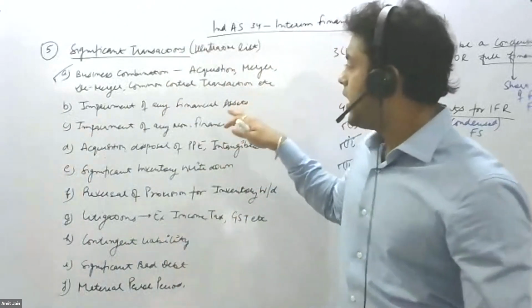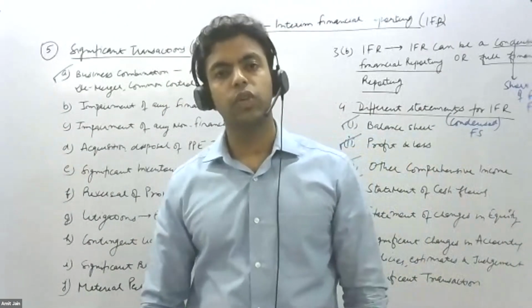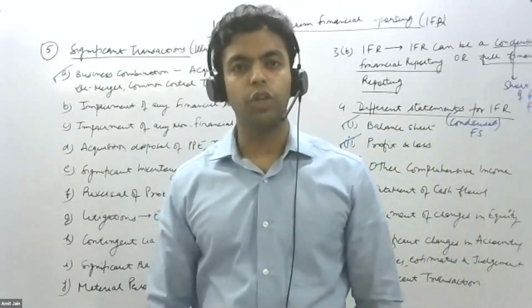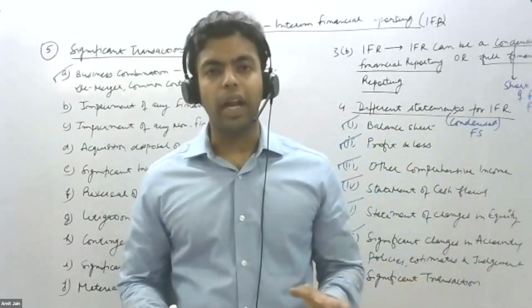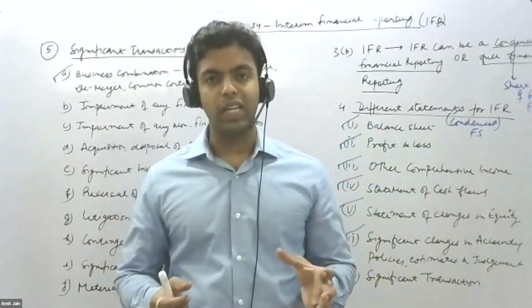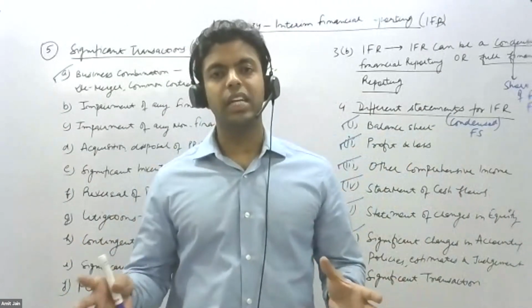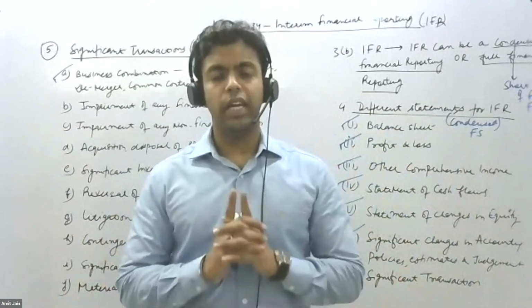What else are we having? Impairment of the financial asset. What is a financial asset? It is governed by Ind AS 109 and Ind AS 32. Any contract entered between two or more parties which gives rise to a financial asset of one entity and a financial liability of another entity is called a financial instrument, right?